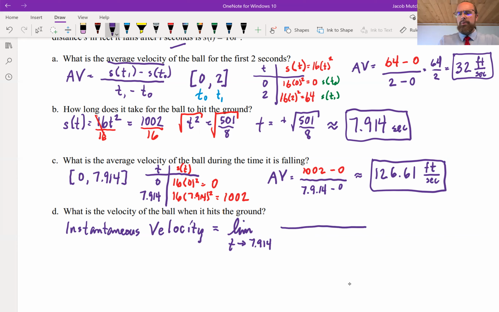So then I want to build this fraction. It's S at t minus S at t0 over t minus t0. So again, I put the generalized things there. Let's sub them out for the actual equation. So S at t, remember, is that 16t squared.